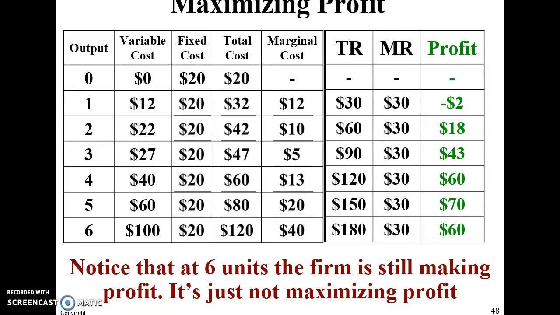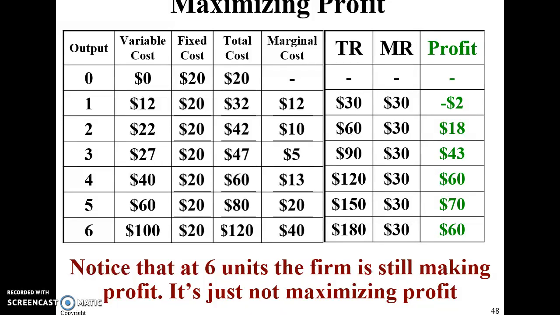So the profit will be maximized at 5 units, because total revenue minus total costs will be, for the first unit, 30 minus 32, 60 minus 42, 90 minus 47, 120 minus 60, 150 minus 80, and 180 minus 120.